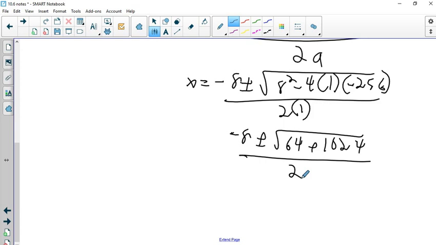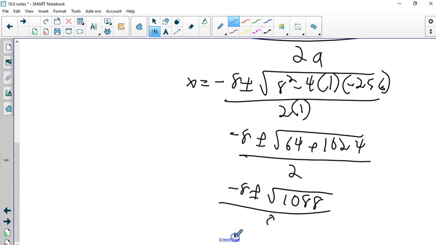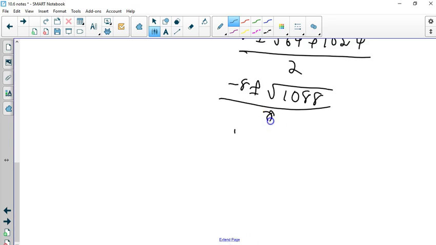Now when you add 1,024 and 64, you get negative 8 plus or minus the square root of 1,088 over 2. What this simplifies to is negative 4 plus or minus 4 times the square root of 17. Okay?